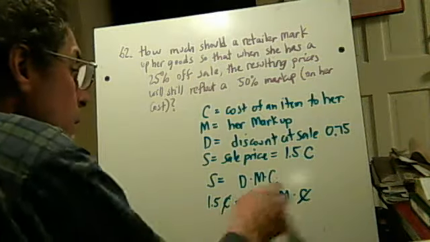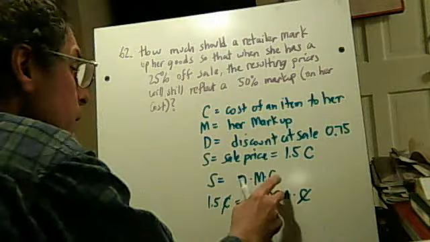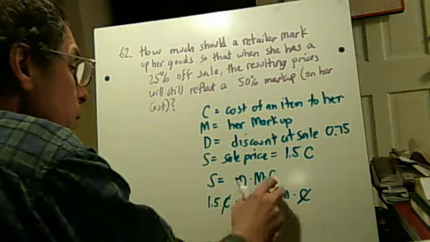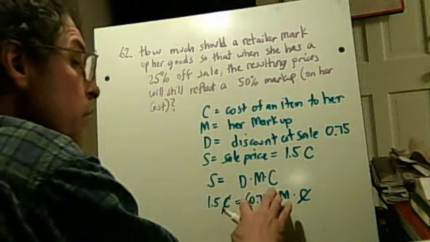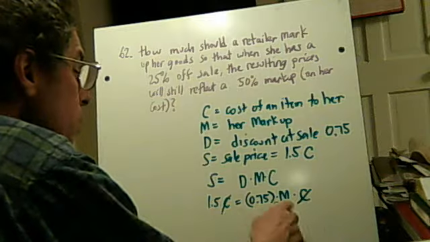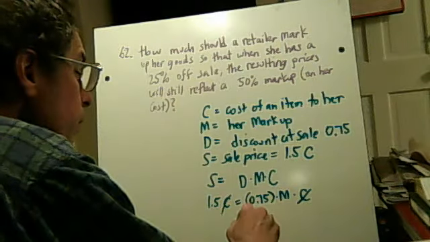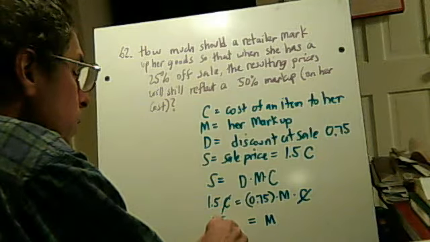The M, you can solve by taking this other guy, moving him underneath. That's how you solve. When factors are multiplied, they move down on the bottom. So M equals 1.5 over 0.75.